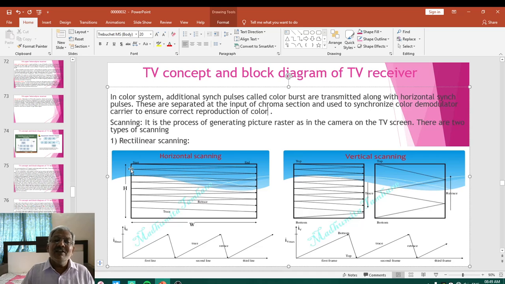This retrace period is also called the flyback period, or the flyback signal. Once the beam reaches the left of the screen, it again moves at slow speed from left to right, carrying the picture information.